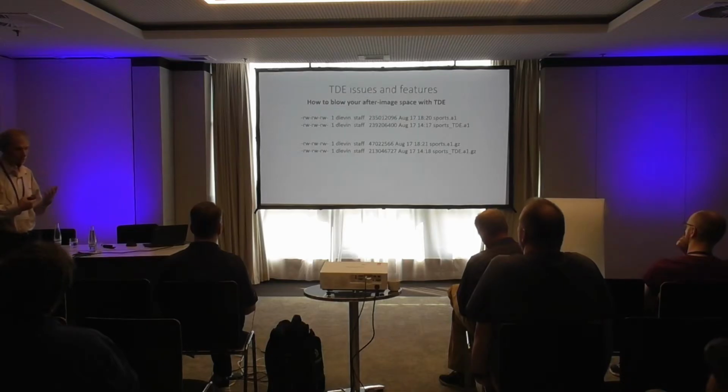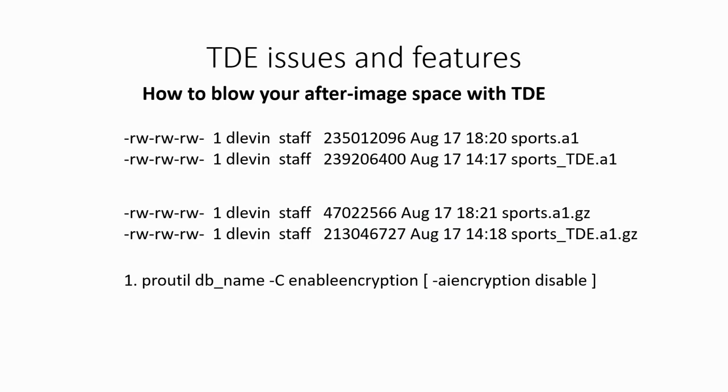So what happened to me, I just enabled TDE, after images were encrypted, and then I started seeing the space where after images reside shrinking very fast. So make sure you either add space, or if you don't want to, you can use this option, disable AI encryption.